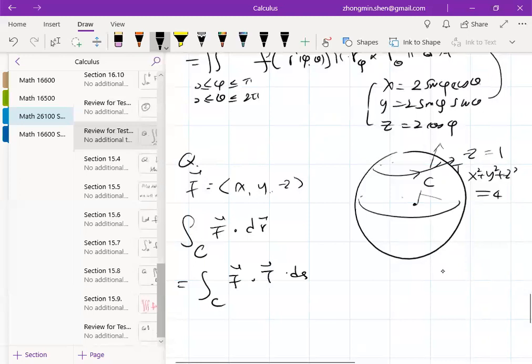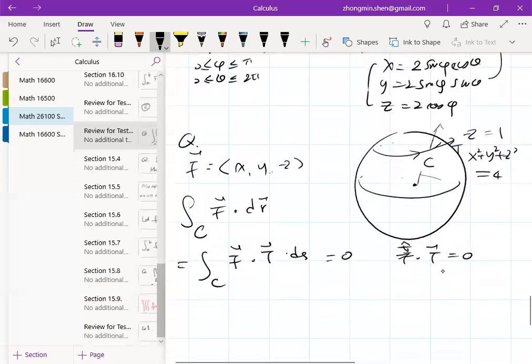The normal vector of the sphere will be perpendicular to the tangent vector to any curve on the sphere. So clearly it's going to be 0, because F is a normal vector. But if I change F to just x, y, and 0, it is always 0.